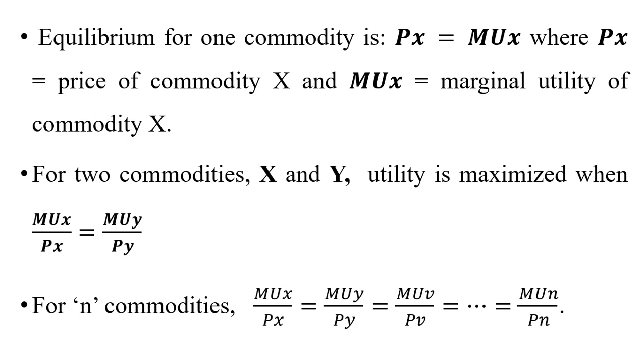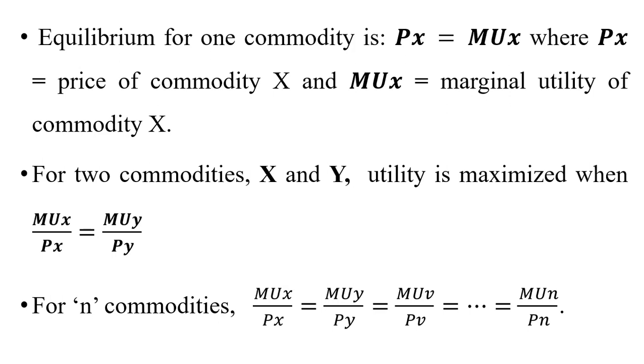If you just take the first equilibrium and divide through by price of X, it will be 1. So 1 will be equal to marginal utility of X over price of X. And the same will hold for commodity Y. So marginal utility of commodity Y over the price of commodity Y will be equal to 1.